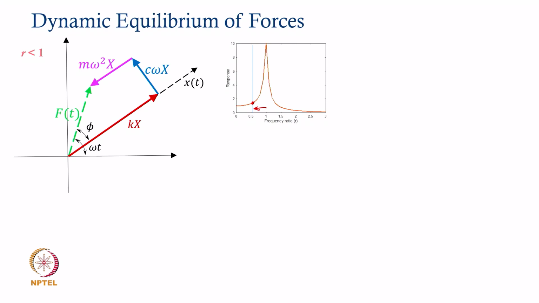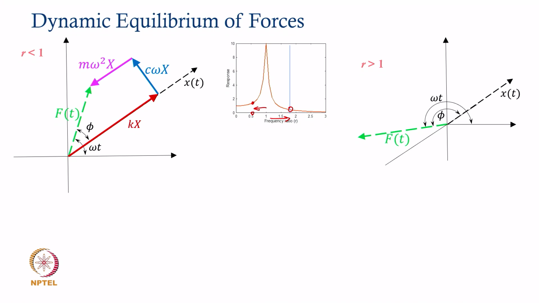Suppose this operation takes place at a frequency beyond the resonance or beyond the critical speed, then you are operating at r more than 1, somewhere around 1.7 or 1.8 or so. If that is the case, the response will lag the force by an angle phi, which is now going to be more than 90 degrees, and therefore, it is actually going to approach 180 degrees. So, the angle is obtuse here, and the force vector will look like what you see in this green colored dashed arrow.